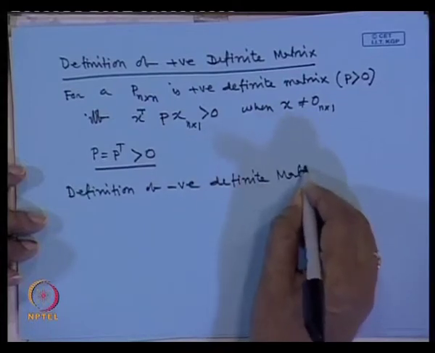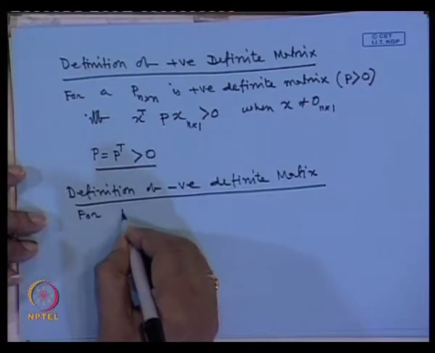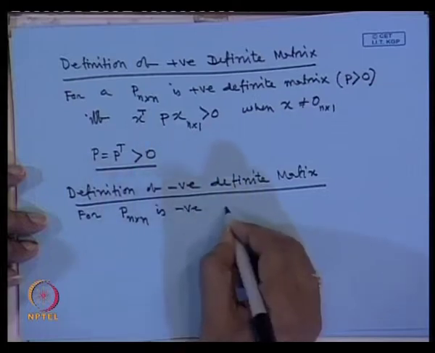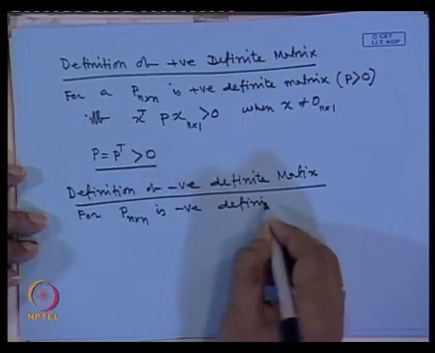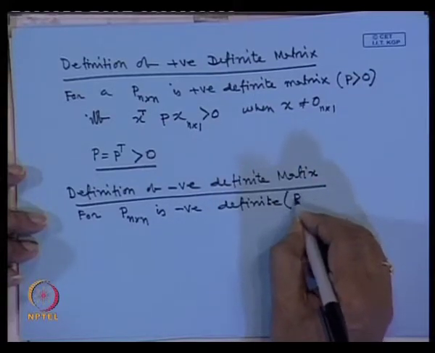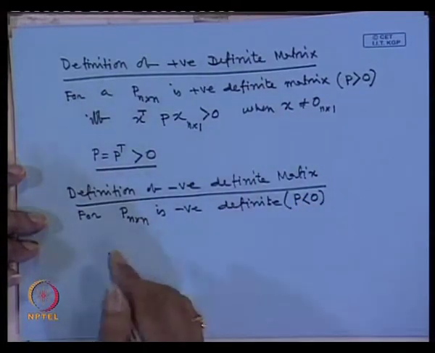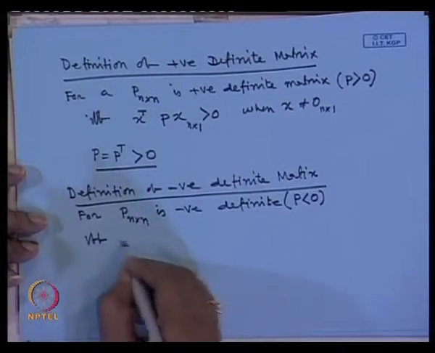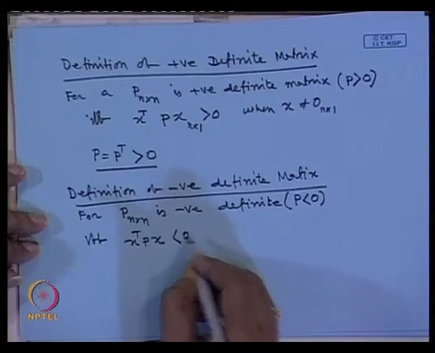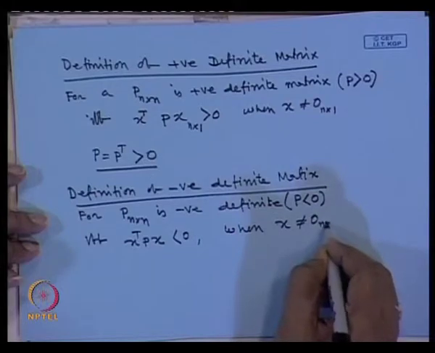A function P whose dimension is n cross n is a negative definite matrix, in short written P less than 0. I will read it as: P is a negative definite matrix if and only if x transpose P x is less than 0 when x is not equal to the null vector.